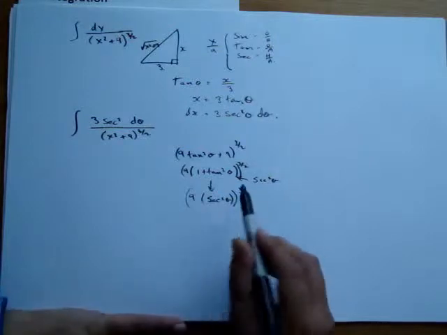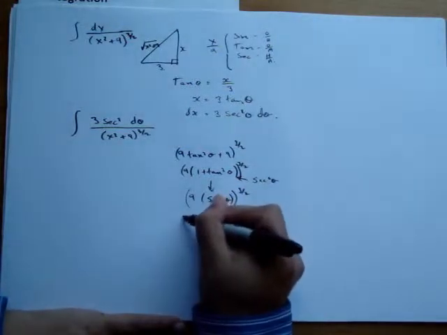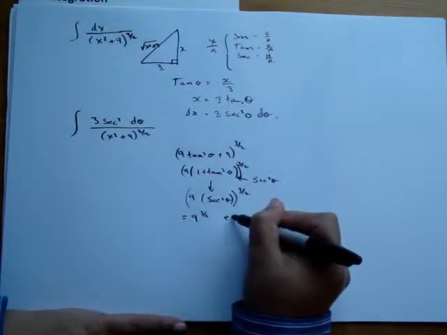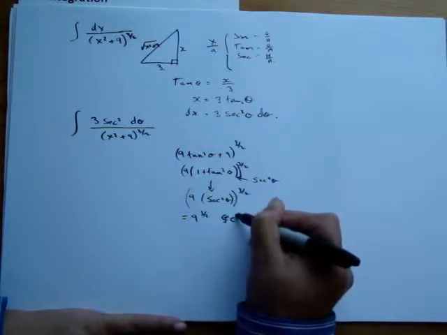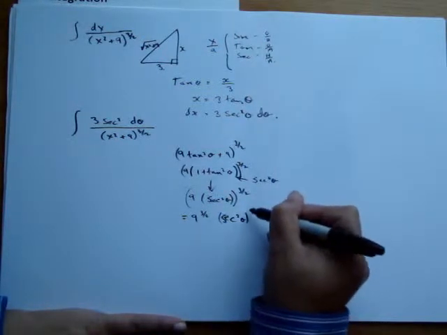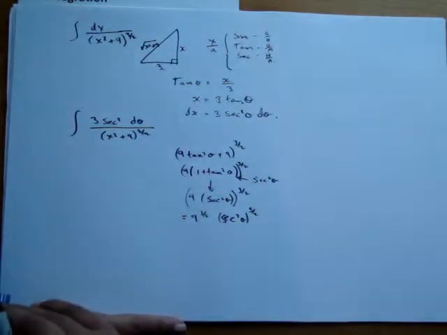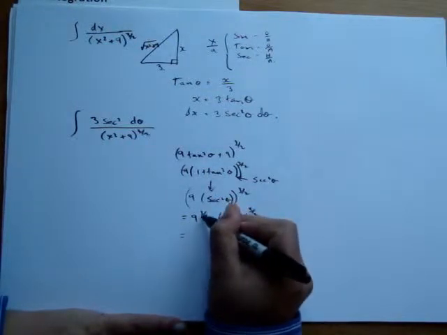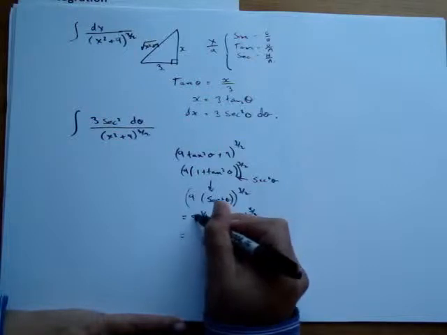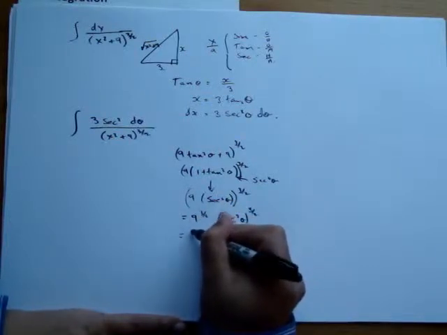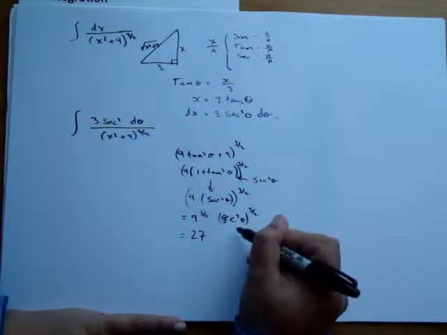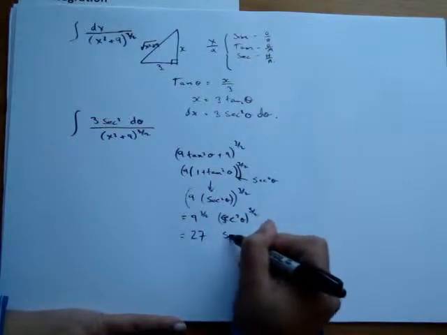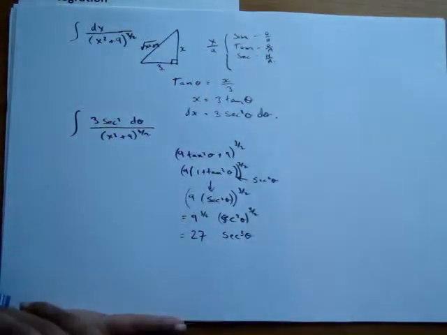Okay, now this is 9 to the power 3 over 2 times sec squared theta to the 3 over 2, which becomes 9 to the 3 over 2, the square root of 9 is 3, then to the power 3 becomes 27, and the square root of sec squared is sec, to the power 3 becomes sec to the power 3 theta.